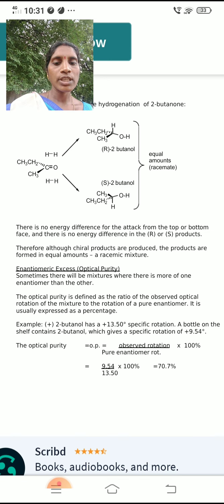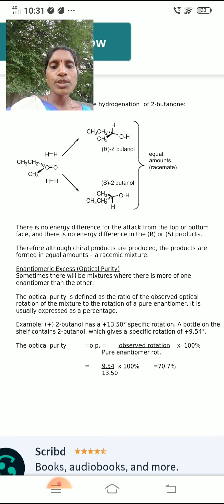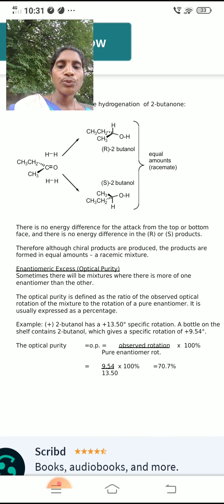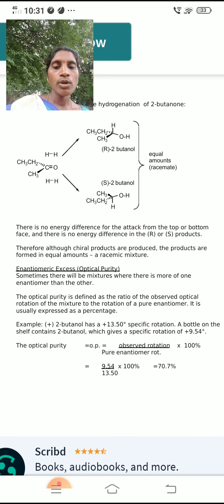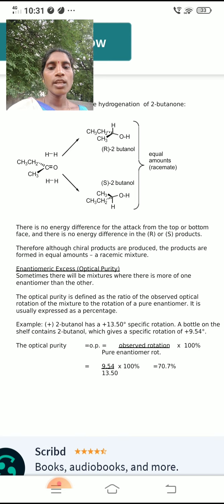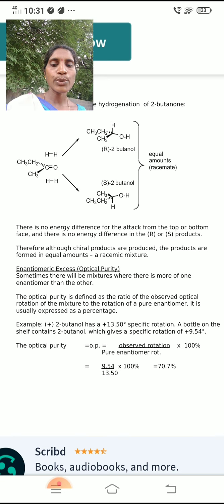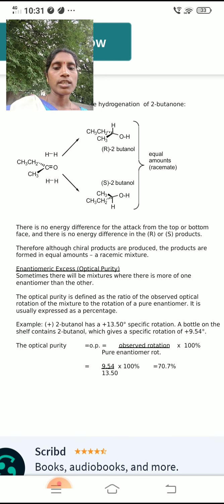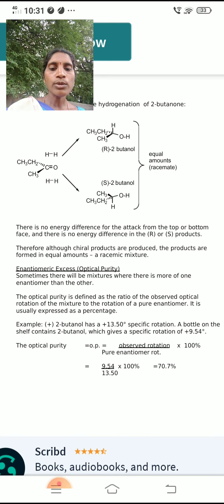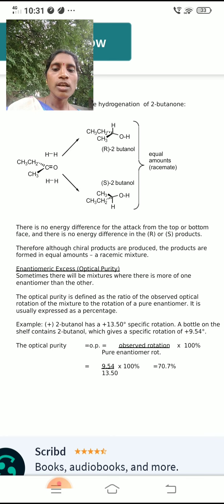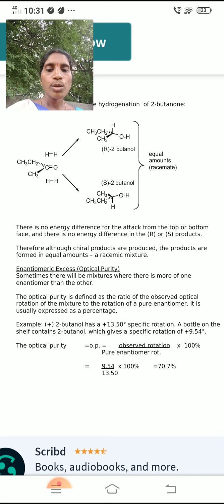In the given problem, the observed rotation is plus 9.54 degrees and the specific rotation of the pure enantiomer is plus 13.50 degrees. So the optical purity equals 9.54 divided by 13.50 times 100%, which is 70.7 percent. This is the optical purity or enantiomeric excess.